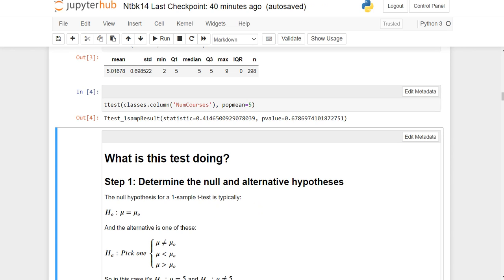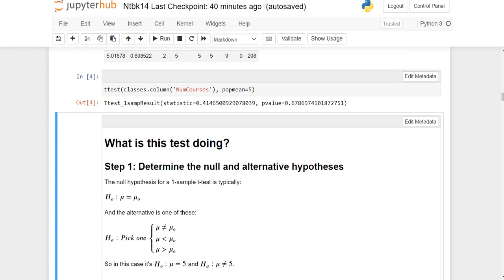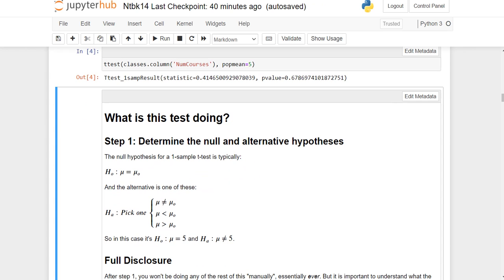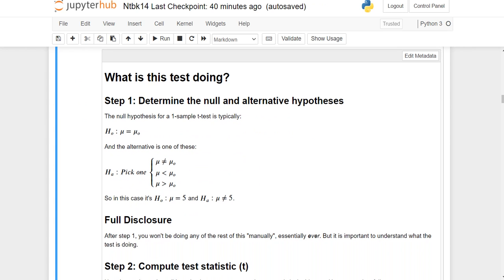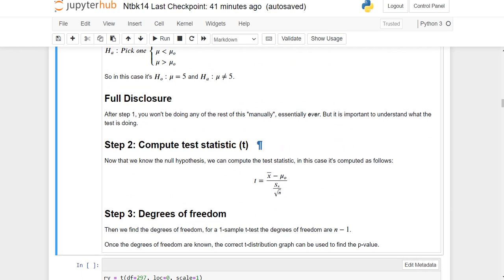So let's jump back into the notebook. And that's essentially what I just said. That's what this cell is going to tell you. We already talked about the null and alternative hypothesis. And they're showing you a formula here for how the test statistic is calculated. And it's based on the sample mean and mu sub 0.